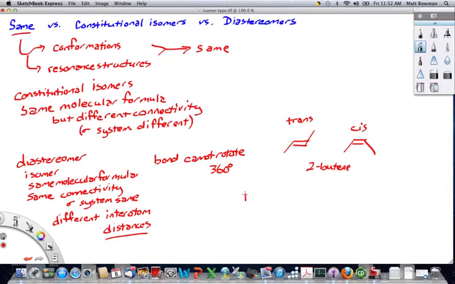Rings can also be a source of diastereomers. Like in this case, the 3 methyl groups are on the same face of the molecule. This one, the middle one's on the opposite face.